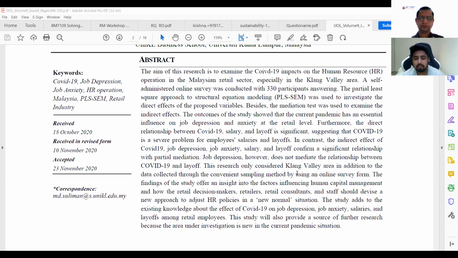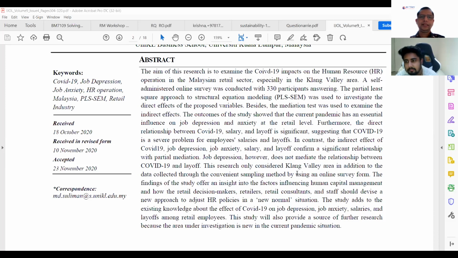The study adds to the existing knowledge about the effect of COVID-19 on job depression, job anxiety, salaries, and layoffs among retail employees. This study will also provide a source of further research because the area under investigation is new in the current pandemic situation.